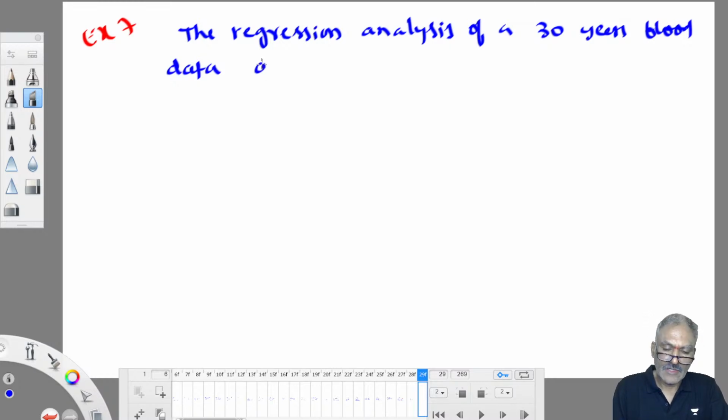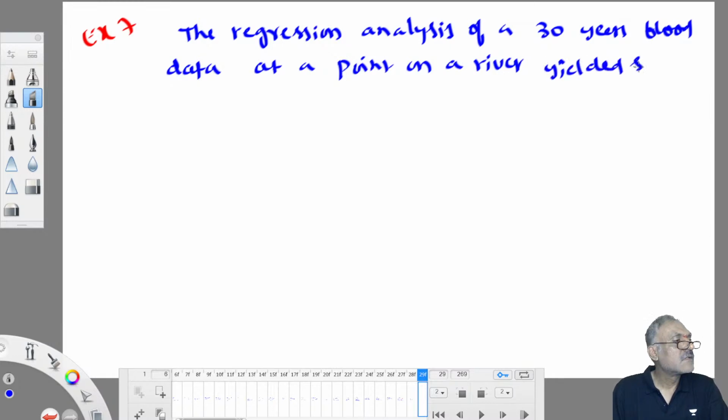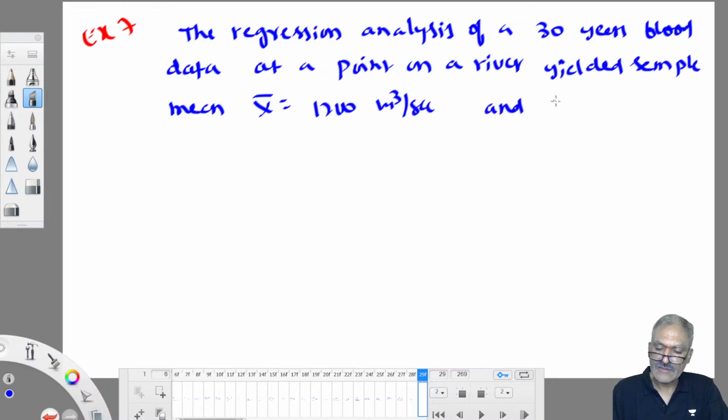It yielded a sample mean for flood, taken as X bar, of 1200 meter cube per second, and standard deviation of 650 meter cube per second.